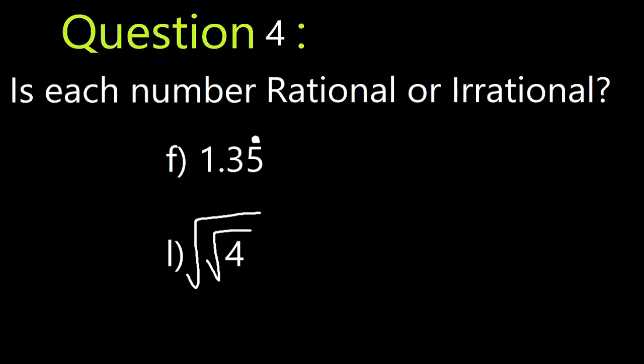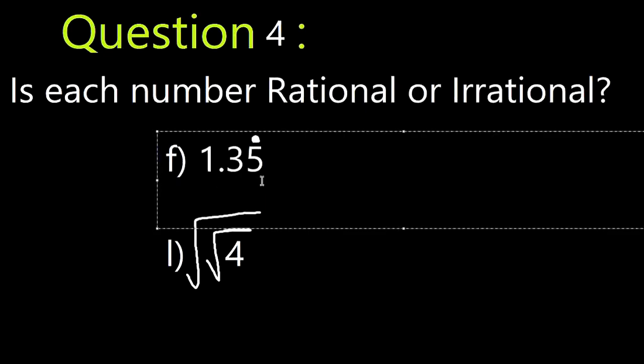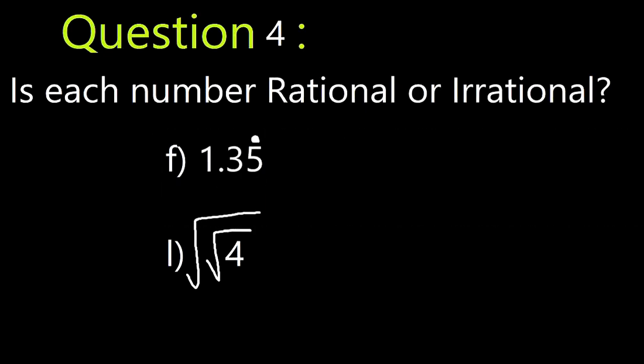So looking at F, let me just change this, that's it. Okay, now what that dot on top of the 5 means is recurring. So basically what it's telling us here is this is the same thing as 1.355555555, and it goes on forever. Usually recurring means that it can be represented as a fraction.